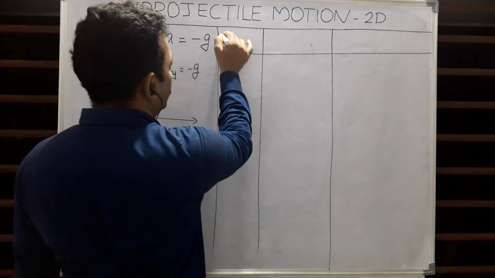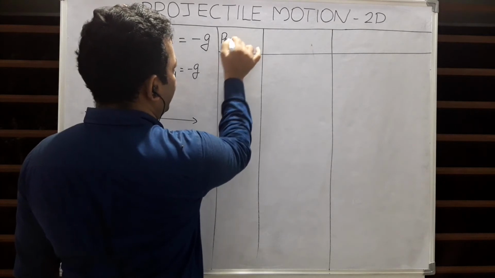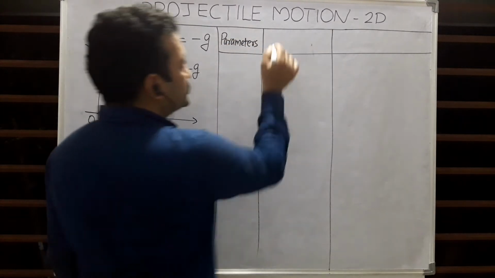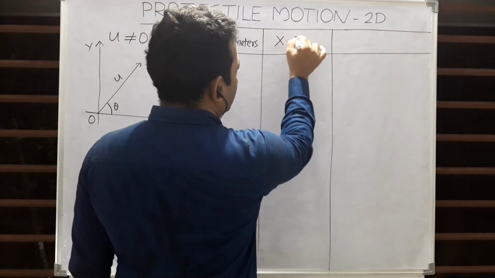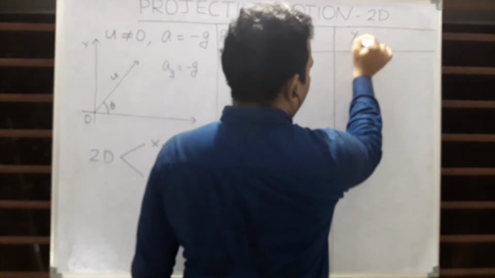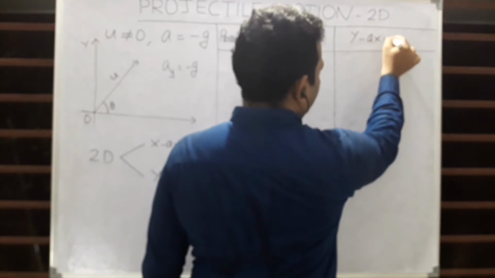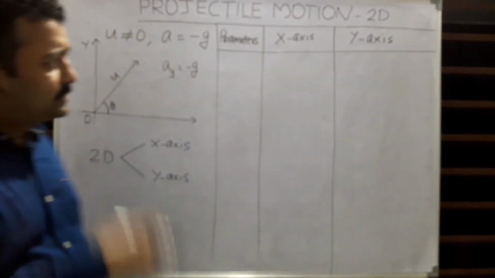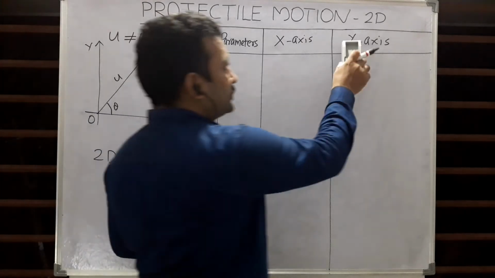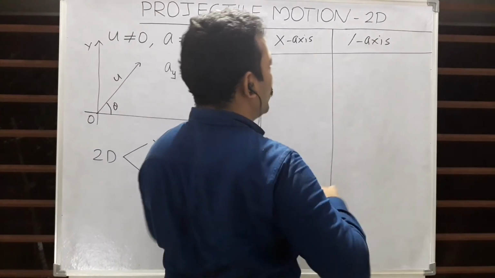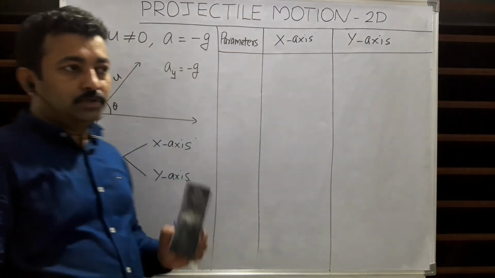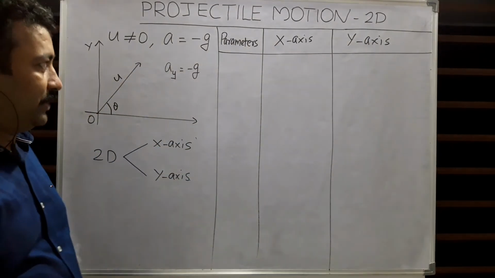This is meant for the motion parameters, this is meant for analysis of x-axis, and this is meant for analysis of y-axis. So let us move in this fashion. With any two-dimensional problem, let us have the convenience of breaking that into one x-axis problem and one y-axis problem. So the complexity will be simplified.